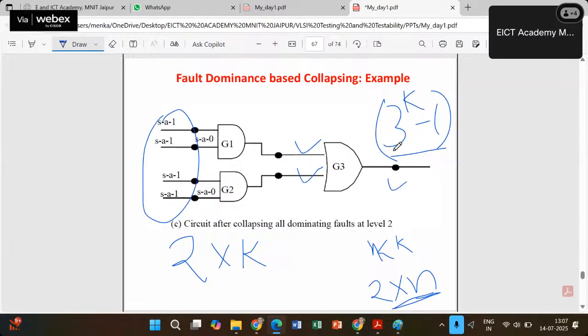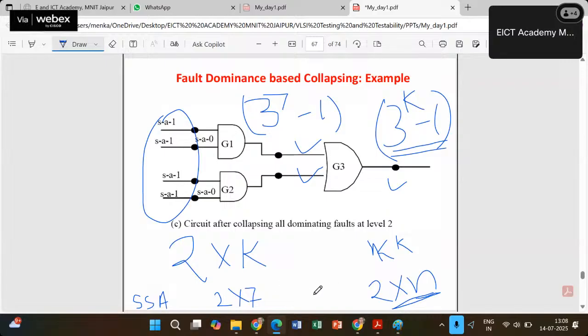So the total number of faults available, single and multiple stacked, are 3 raised to power 7 minus 1. Single stacked faults, we have 2 into 7. And inputs were 4.